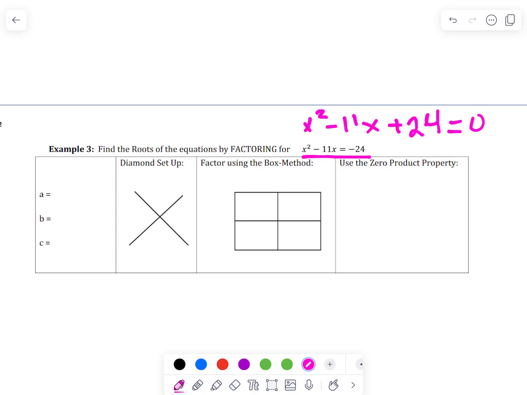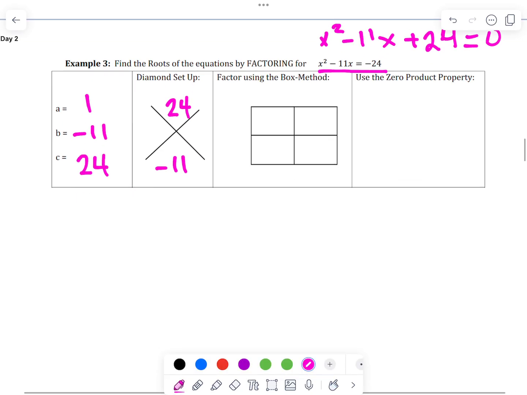So our A is 1, our B is -11, and our C is 24. Now we can set up the diamond. The top of the diamond is our AC, so 1 times 24 is 24. The bottom of the diamond is our B, -11.